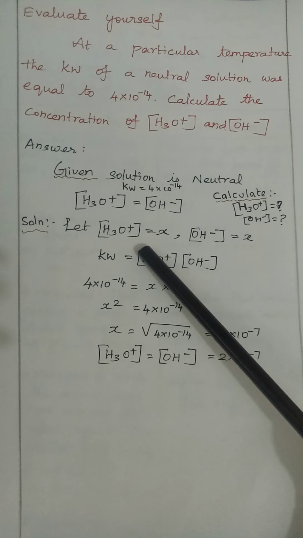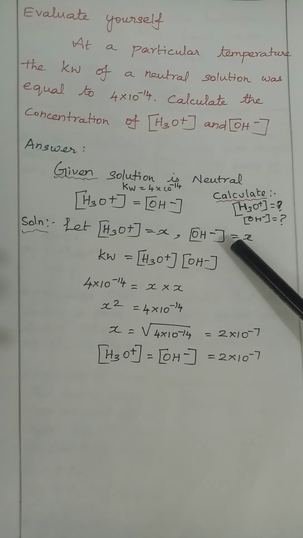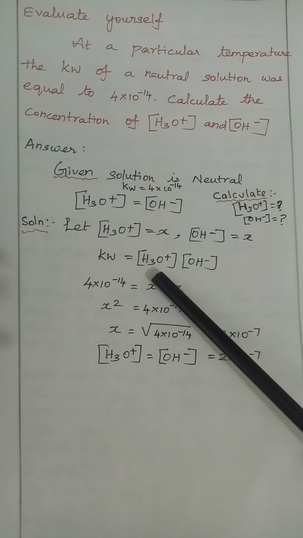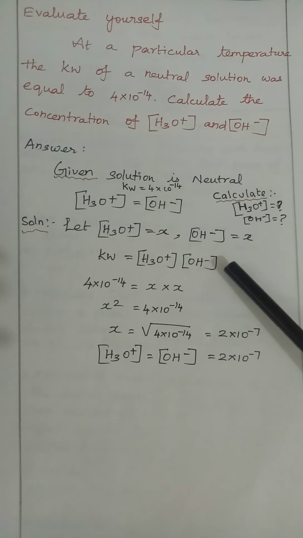Now we consider the concentration of H3O+ ion as X. The concentration of OH- ion is also taken as X. What is the formula for the ionic product of water? Kw is equal to H3O+ concentration times OH- ion concentration.